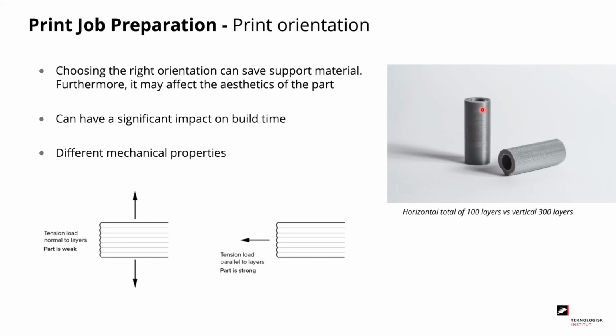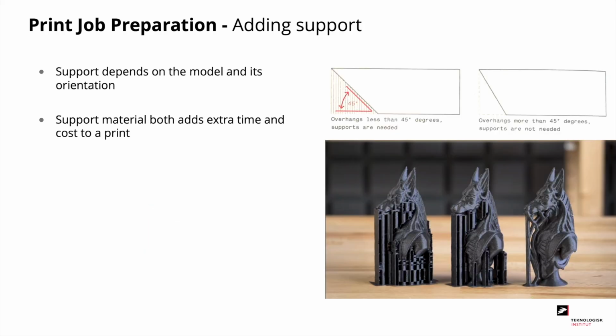You also have to be aware that the orientation will affect the mechanical properties of the parts, because a part will be stronger in the XY direction than in the Z direction. Then we have to add some support material. The support material depends on the model geometry and the orientation of the model.